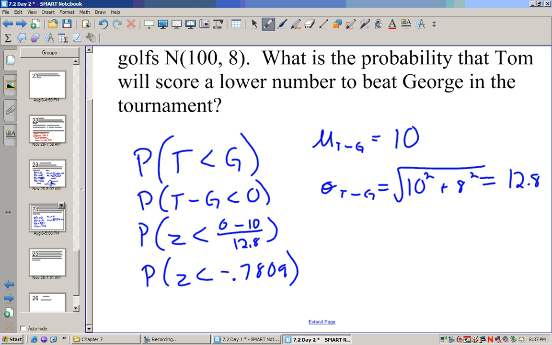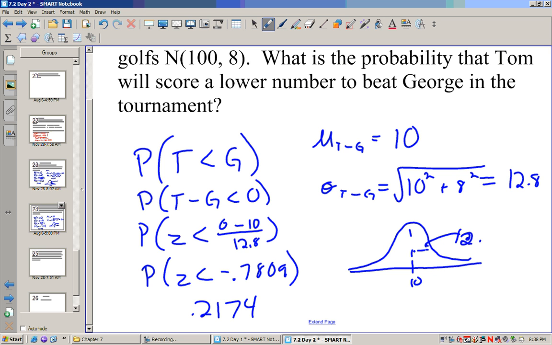So I'm going to do a normal CDF from a negative big number all the way up to that to get 0.2174. All right, and that's my answer, and if I drew this out, our mean is 10, and we want to find the probability that it is less than 0. So our standard deviation is 12.8, so it's going to be this area here that gets filled in.